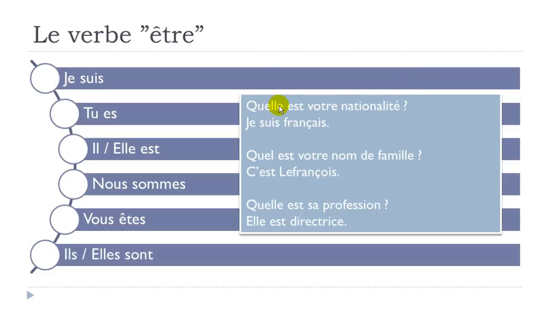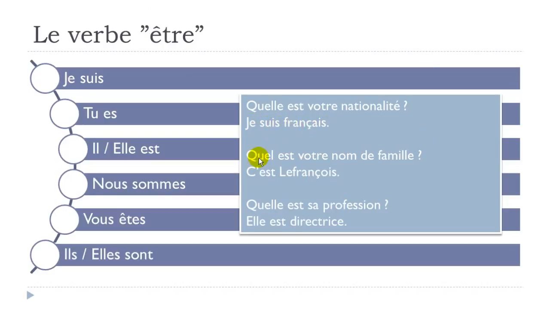So if you want to say where you're from, okay, so we're using this être for that, you know. Je suis, okay, and then you put this français, okay, it's French. Je suis français.